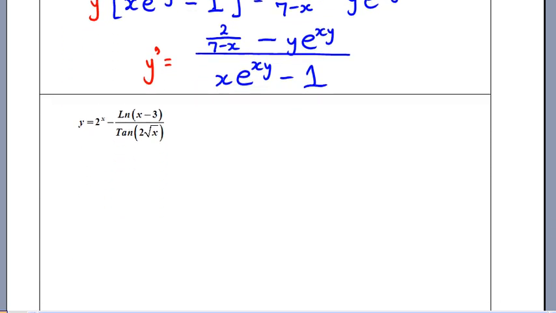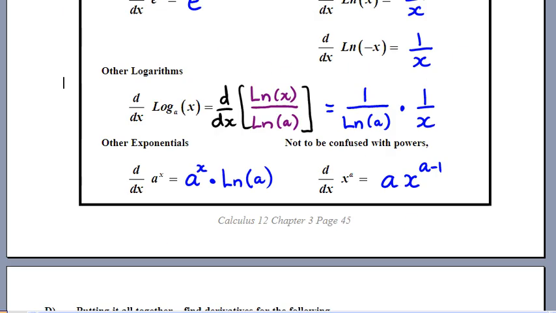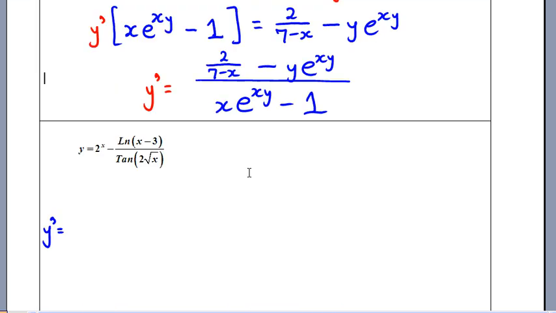Last one. Wow. Got to do a derivative of this. Getting ridiculous. Okay, I think we can pull this off. Derivative. I've seen what happens with 2 to the x. You know, if I need to, I can go and look back. If I'm doing an exponential that's not an e, it does give itself back, but it picks up this ln of the base.